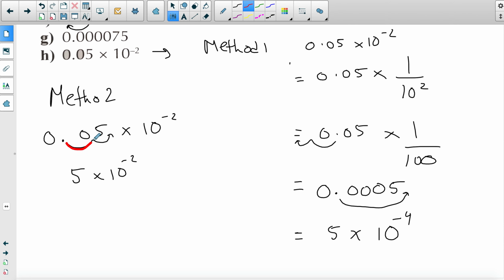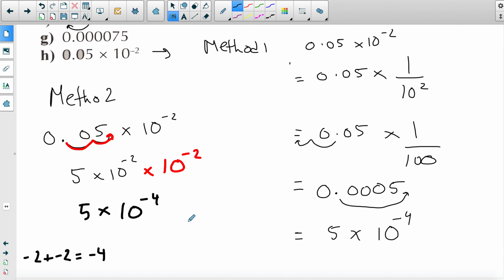So let me just indicate the move by an arrow, and then in normal world, you are multiplying by a -2 because you moved it to the right by 2. Well, again, you have a multiplication, you have the same base, therefore you add the powers, and -2 plus a -2 is -4. So you have 10 to the power of negative 4, which is the same thing here.